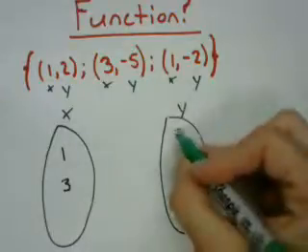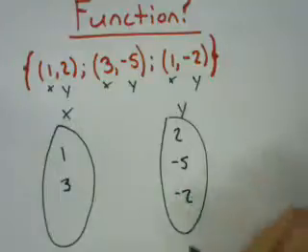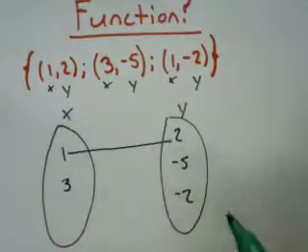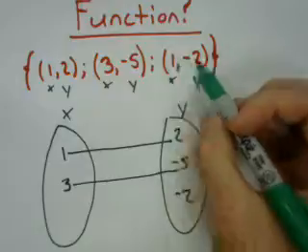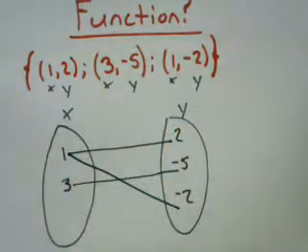Now here I have a 2, a -5, and a -2. Now I start mapping. If I have 1 and 2 connected, I connect my 1 and my 2. My 3 and -5. And then 1 and -2, so my 1 again goes to the -2.